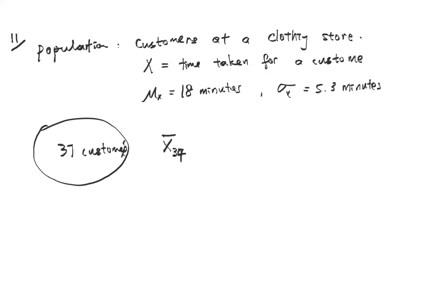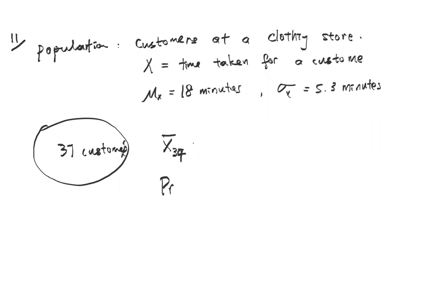Because according to central limit theorem, the question doesn't mention whether the population is normally distributed or not. So by rule of thumb, 37 is greater than 30. Therefore, the sample mean time of a customer entering this store is normally distributed, correct? Okay, you know the reason, am I right? Got it? So now you can find the probability.